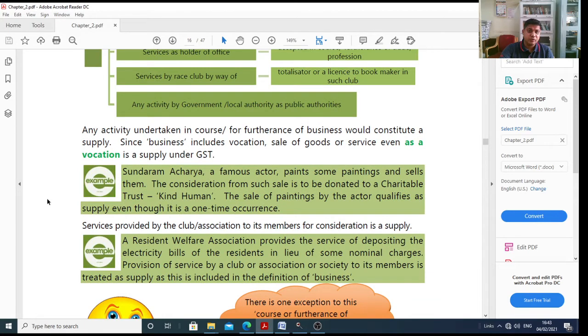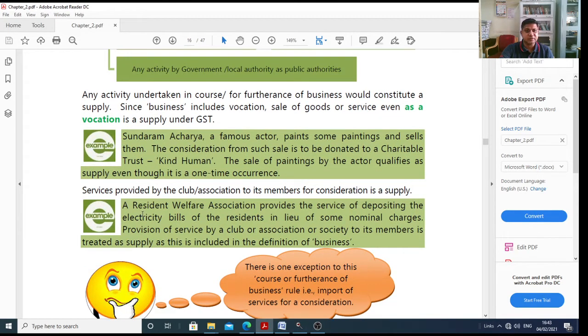Now one more example for services. A resident welfare association provides a service of depositing the electricity bill of the residents in lieu of some nominal charges. Provision of services by a club or association or society to its members is treated as a supply, as this is included in the definition of business.